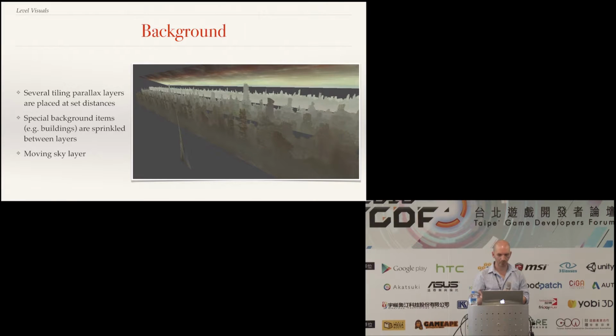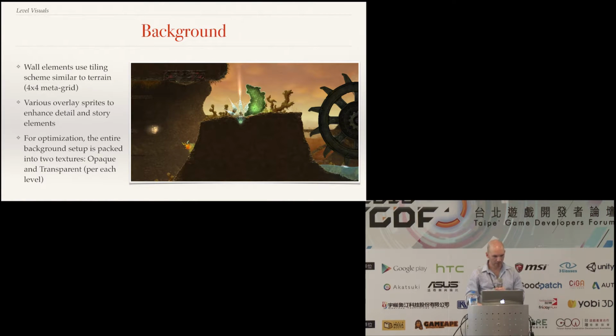And this is how it all looks. I'll talk maybe later about the slanted sky. We'll get to it. Okay, so the background. So the wall elements, the wall use the same idea of the 4x4 meta grid. So we can build different.